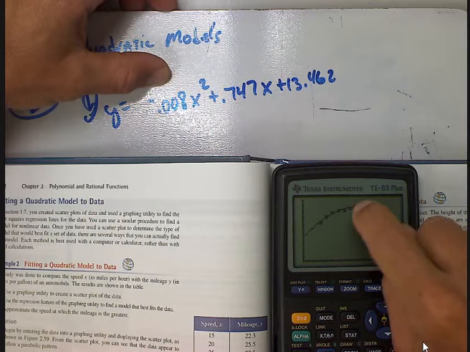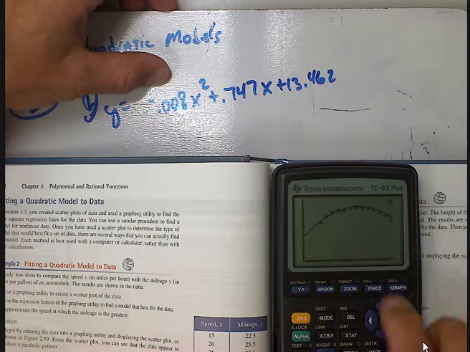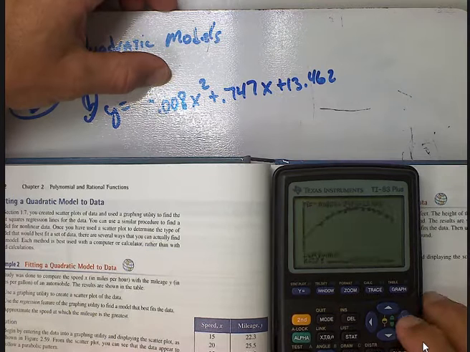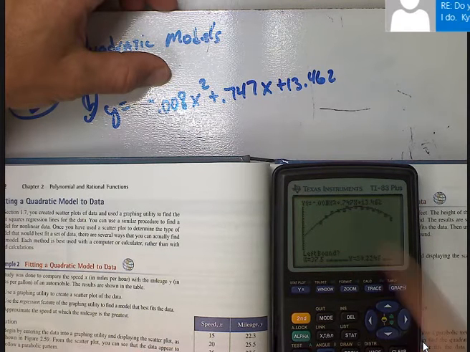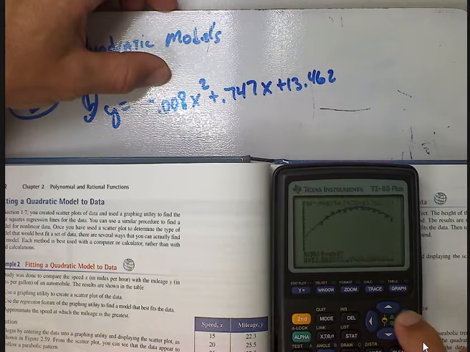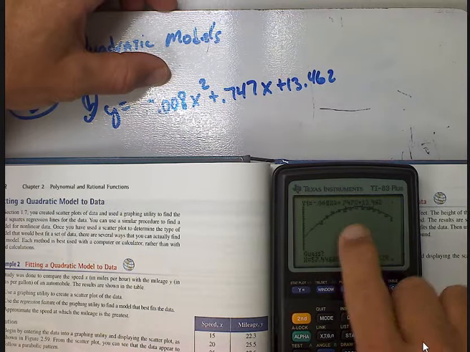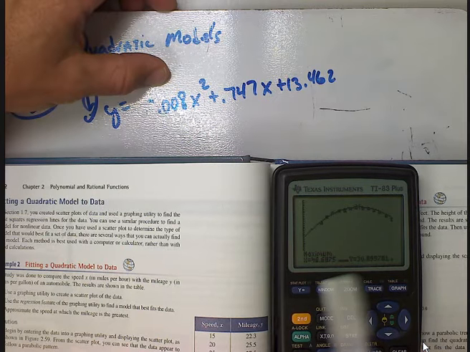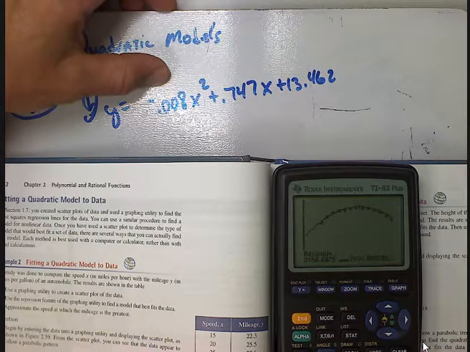So second, trace, go to maximum, 4, and I have to have the flashing cursor. The cursor is right about there. Hit enter. So I'm going to take it around the top. Keep hitting it until it's on the other side of the hump. So it tells me it's somewhere in here. Hit enter again, and it tells me my maximum value is 46.69, comma 31 approximately, so about 47, comma 31.